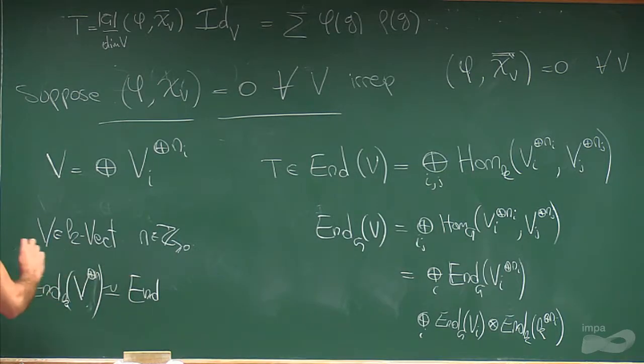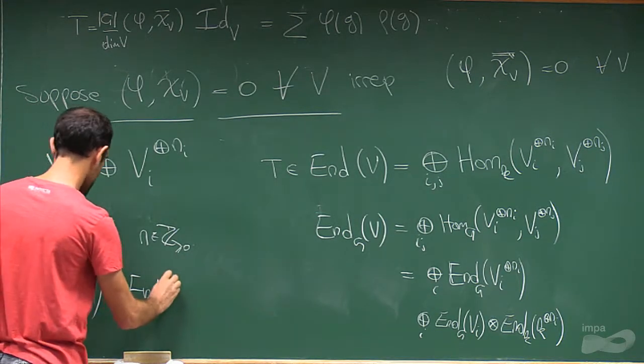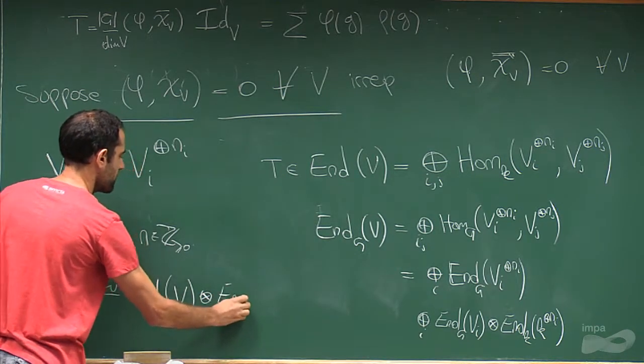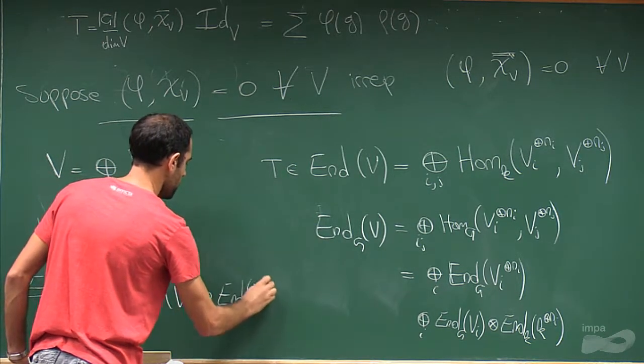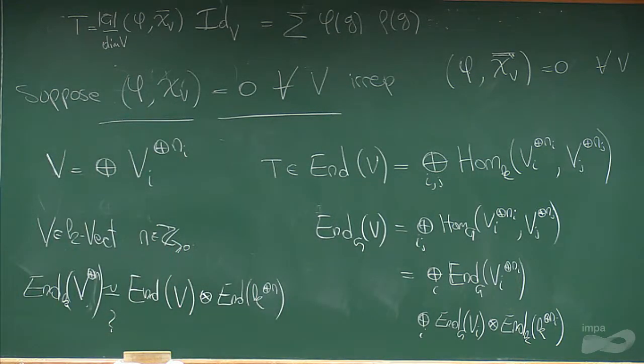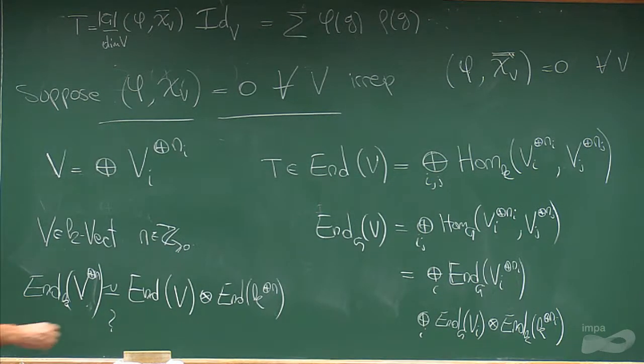So this is what you call by blocks. This tensor product is over K.